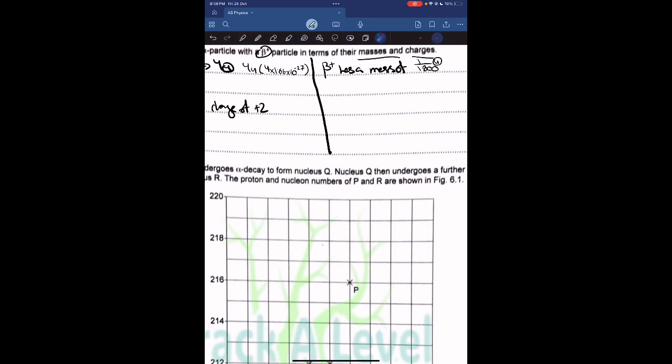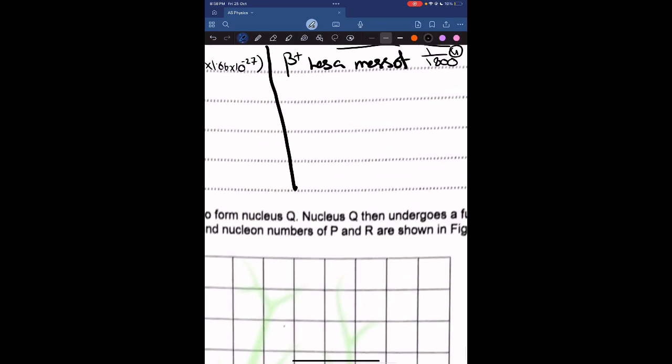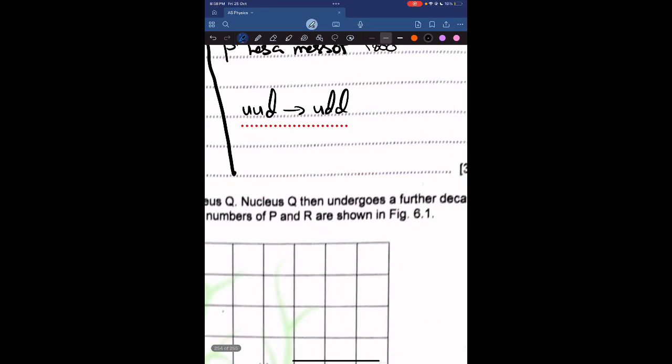For example, in beta positive decay, a proton is converted into a neutron. Since a proton is being converted into a neutron, there is a decrease of +1 charge due to the decrease in protons. In order to balance this, the beta positive particle will have a charge of +1.